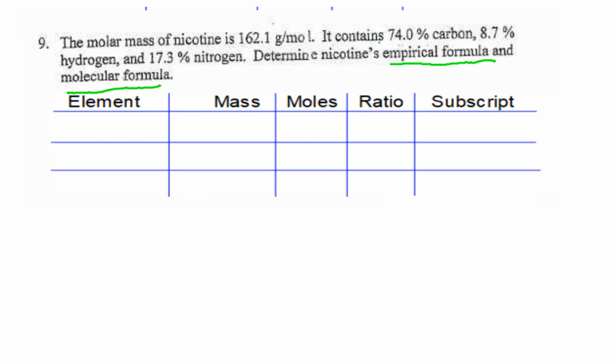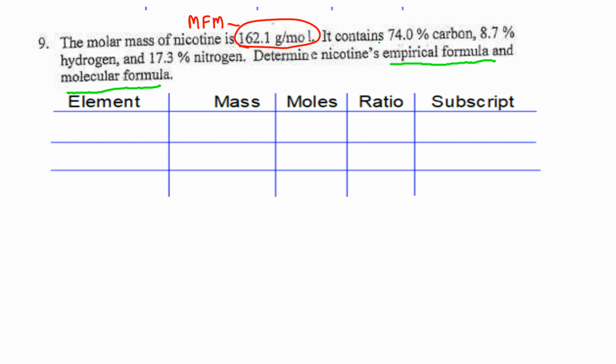So when we're looking at this, it says the molar mass of nicotine is 162 grams per mole. All right, so we're going to use this, but we're not going to use it right away. This is going to be our molecular formula mass.